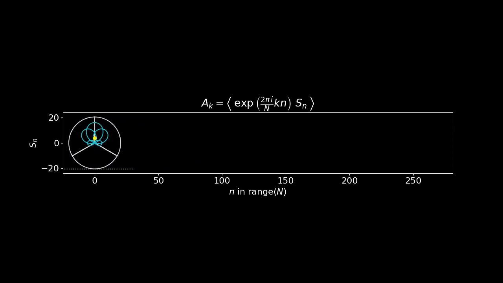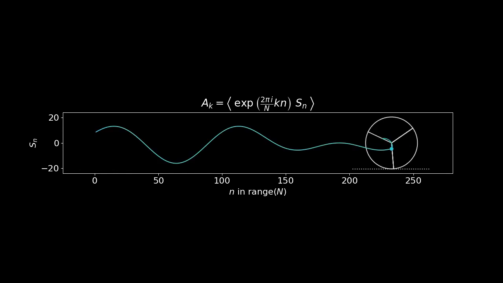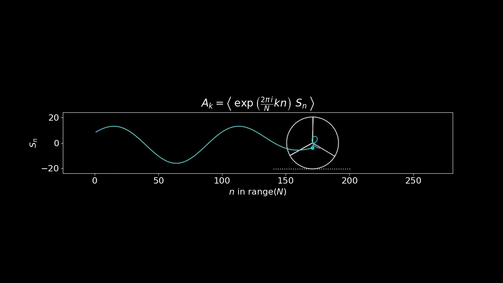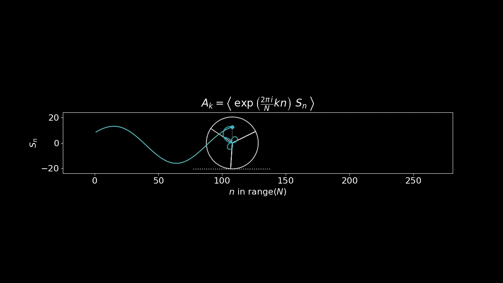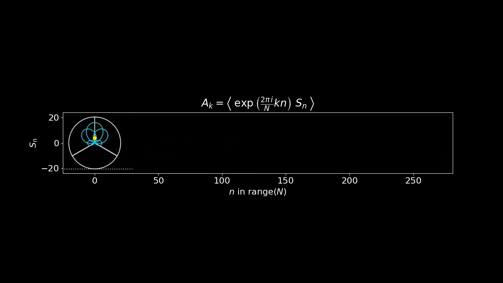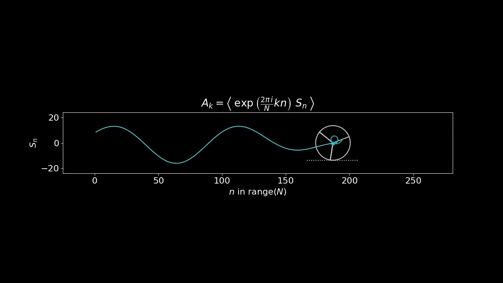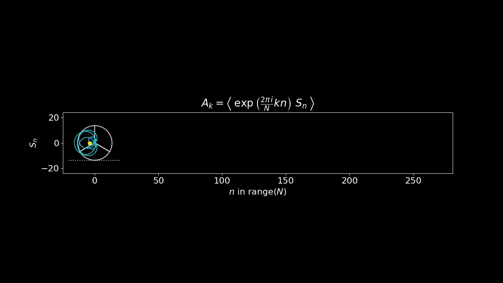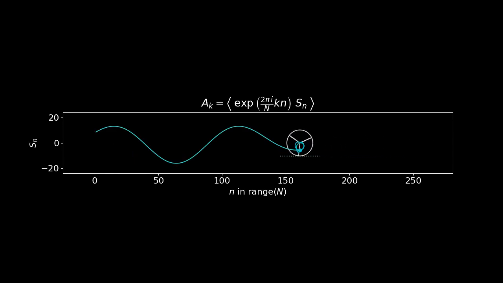Rearranging, we get exponential of 2 pi i over big N times kn. Here k equals 2 for 2 cycles, and we recover the corresponding amplitude A sub k. Here we have k equals 3 for 3 cycles, and here we have k equals 4, which wasn't in the original signal, so the recovered amplitude is 0.